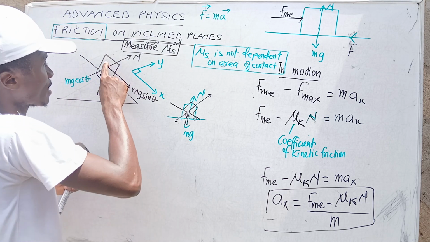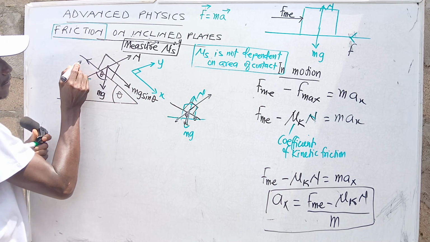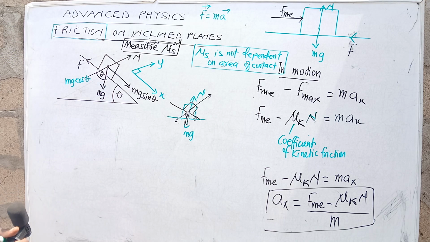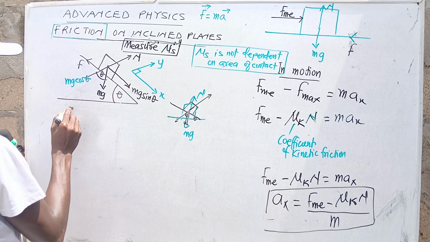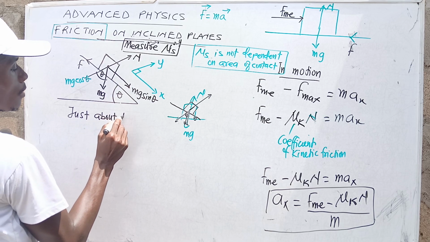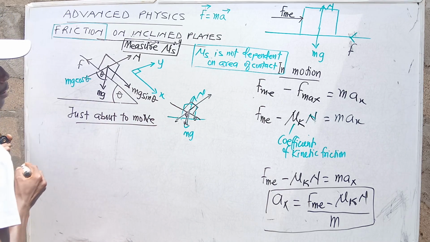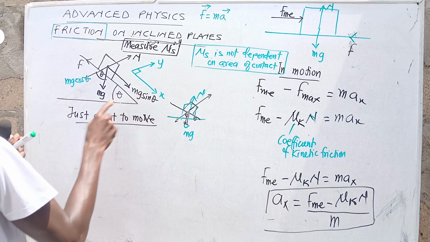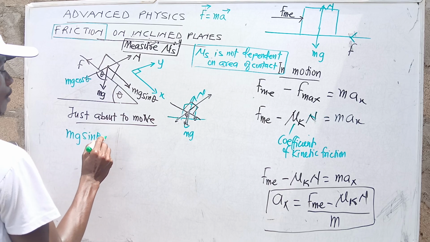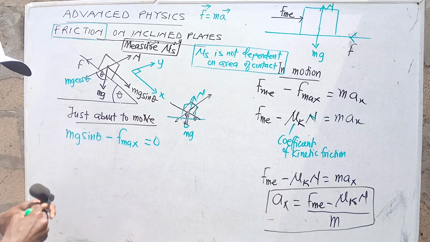And let's just say the object will slide downwards. So there is a frictional force F in the upward direction. So when the object is just about to move, mg sine theta minus F max will be equal to 0.